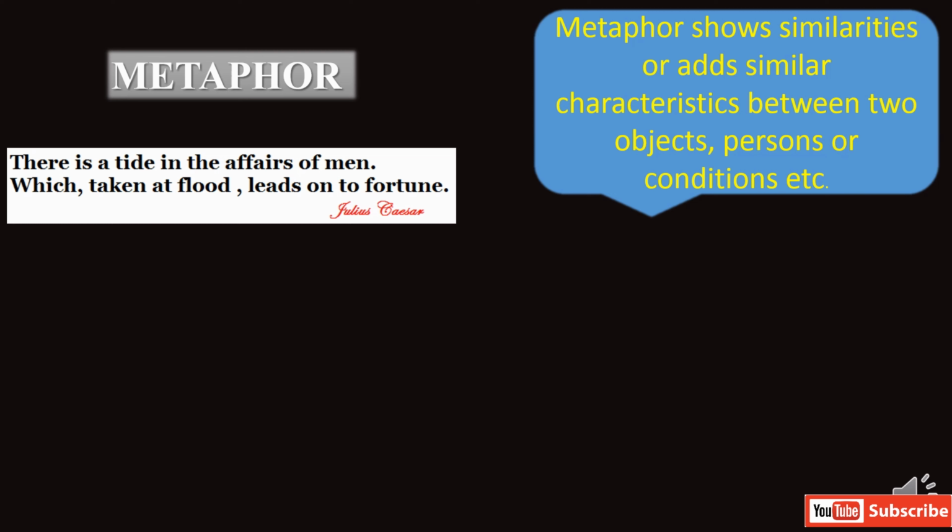So he is using nautical terms, words regarding the sea. This way Shakespeare is expressing his thoughts with the help of other objects and other conditions, and we call it metaphor. He is putting similarity between nautical terms and human beings.